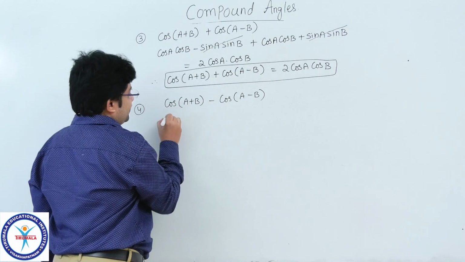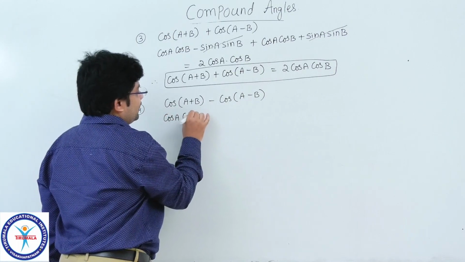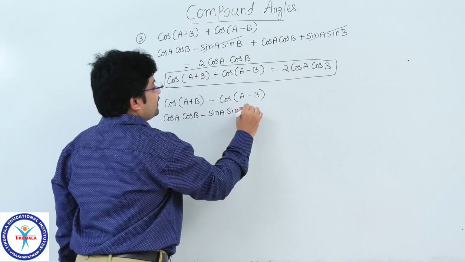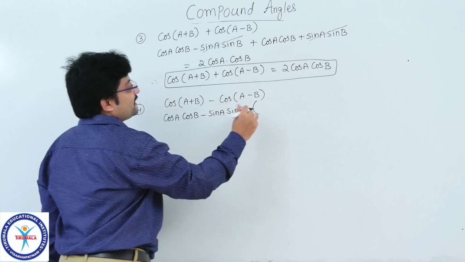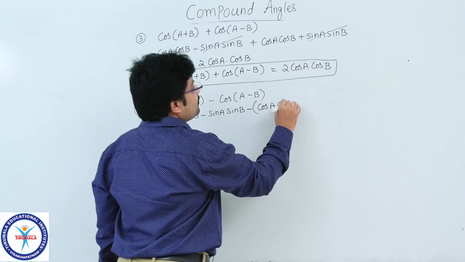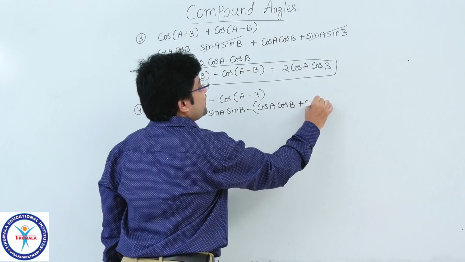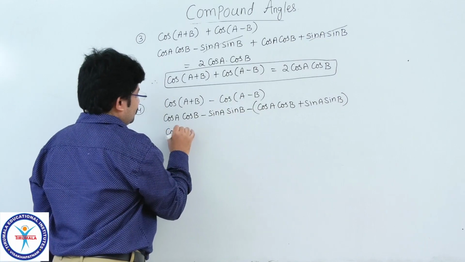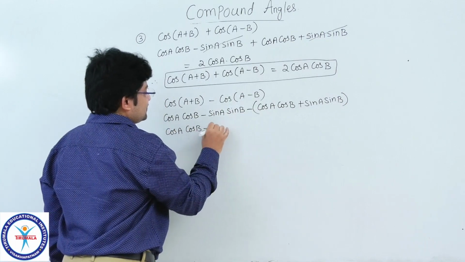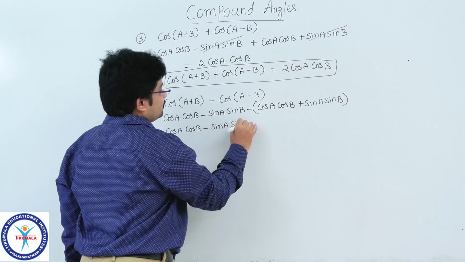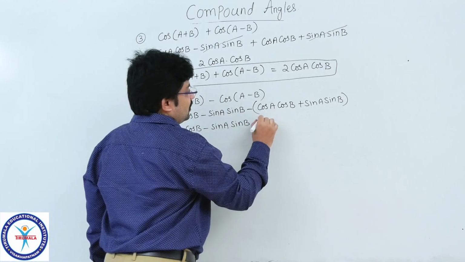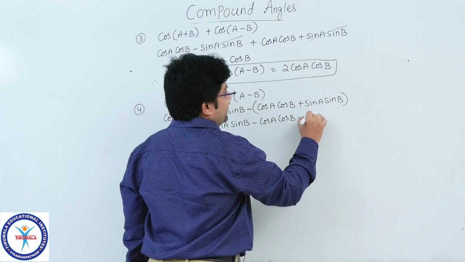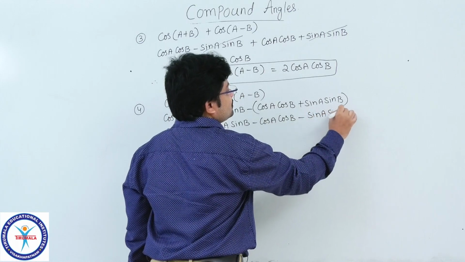That is cos A plus B, again cos A cos B minus sin A sin B, minus of cos A minus B, cos A cos B plus sin A sin B. That is cos A into cos B minus sin A into sin B, minus cos A into cos B, minus into plus minus sin A into sin B.